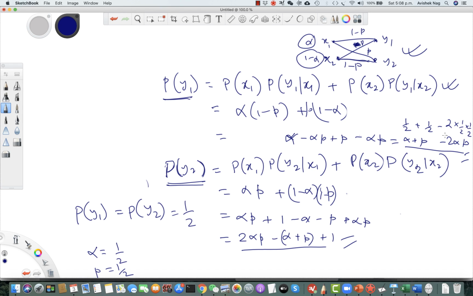Okay, so this will give you half. So this will be equal to half, and this will also be equal to half, and these two will be equal.